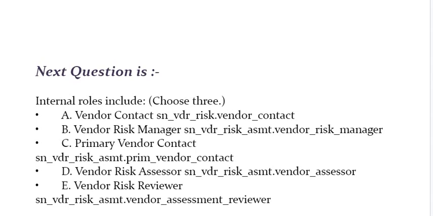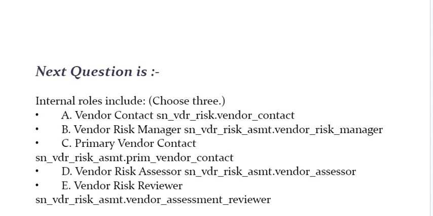Next question is, internal roles include, choose three options. Option A, vendor contact, sn_vdr_risk.vendor_contact. Option B, vendor risk manager, sn_vdr_risk_asmt.vendor_risk_manager.